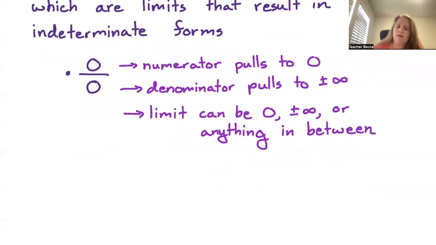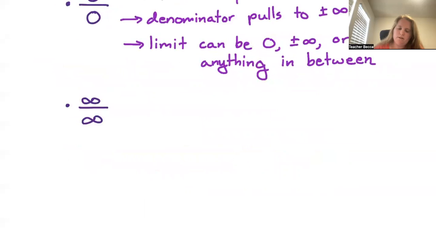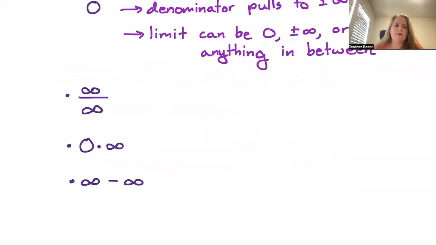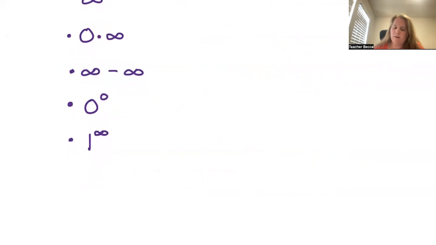Similarly, we have infinity over infinity, and zero times infinity. So infinity over infinity, numerator is pulling us to infinity, denominator pulls to 0. 0 times infinity, same idea. Infinity minus infinity is another case. 0 raised to the 0th power, 1 raised to the infinite power, and infinity raised to the 0th power.